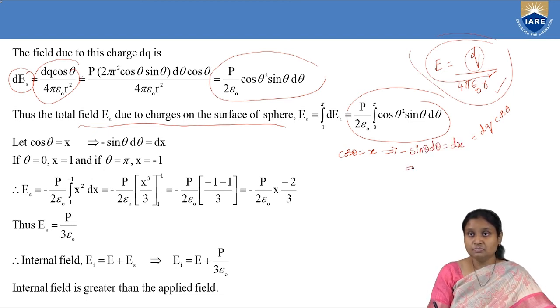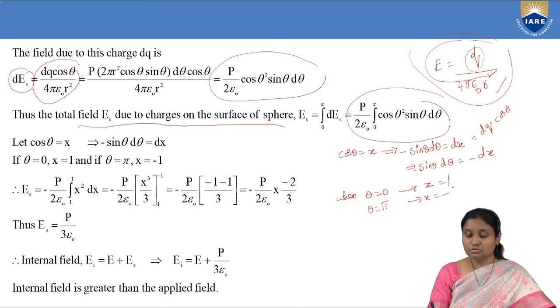So sin theta d theta is equal to minus dx. And what happens to the limits of integration? When theta is 0, I get x to be 1. And if I substitute theta is equal to the upper limit, which is 180 degrees, x comes out to be minus 1.